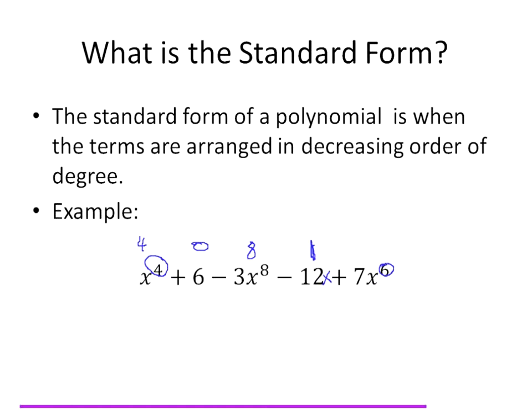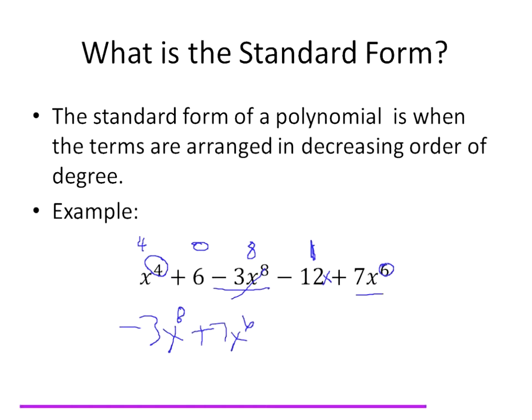So if I'm going to put this in order in standard form, I've got to start with the one with the highest degree, which would be this one right here. And so I need to bring the negative sign along with it. So it's negative 3x to the 8th. The next one after that, and I can cross it off if I want to, is this one. So it's plus 7x to the 6th.